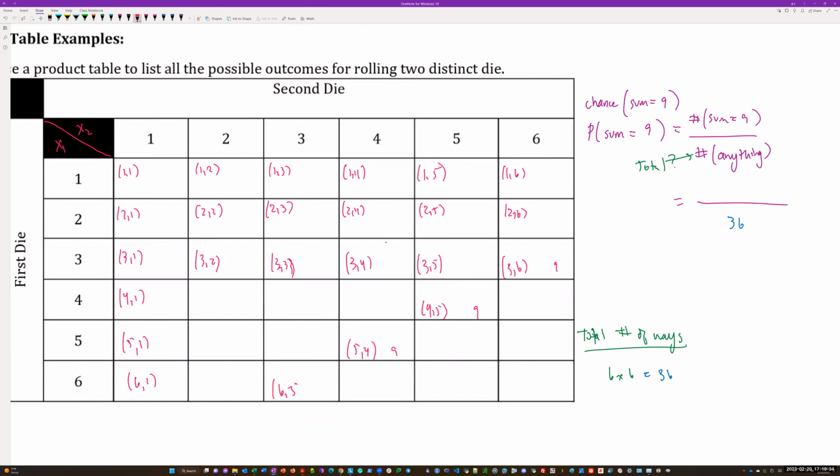And 6 and 3 is 9. In other words, there's a 4 out of 36, or 1 out of 9, chance that we would be able to get this. Does that make sense?